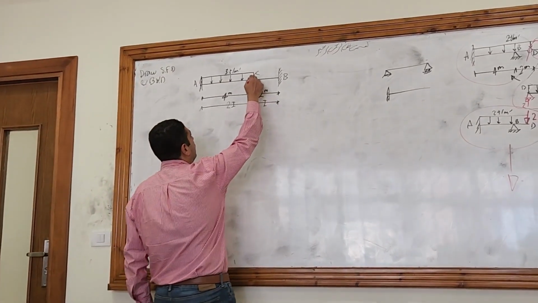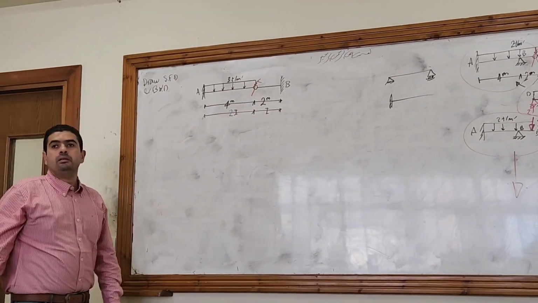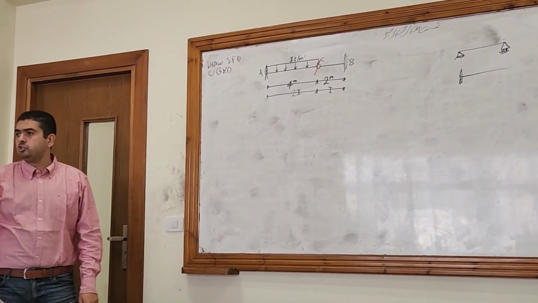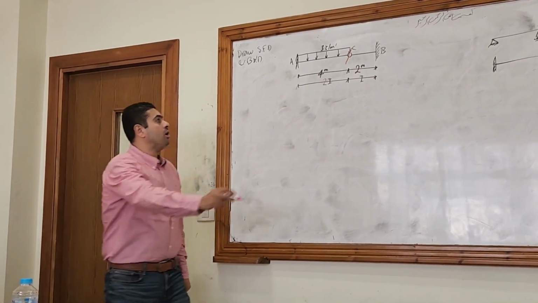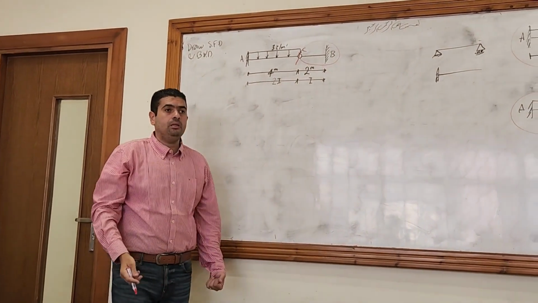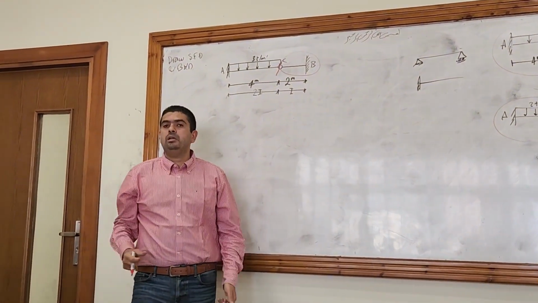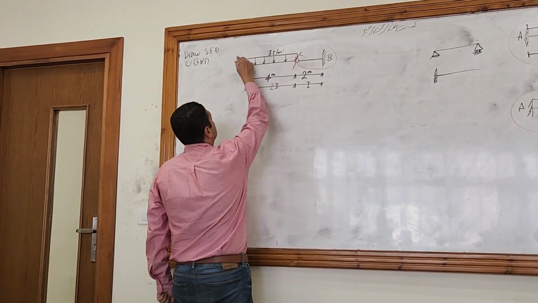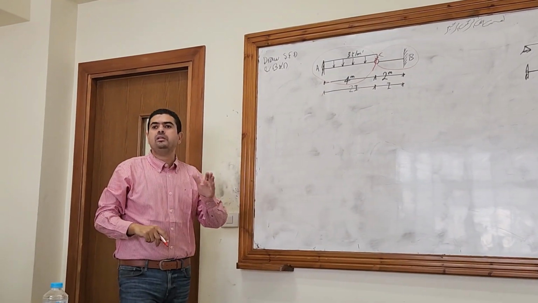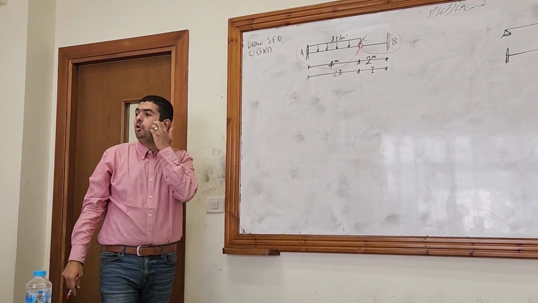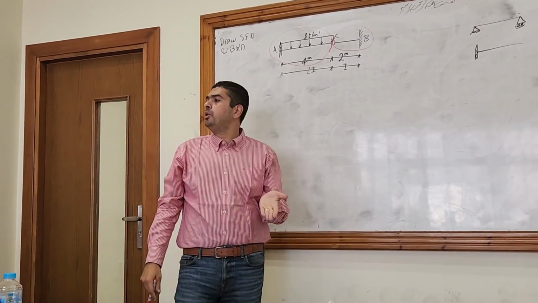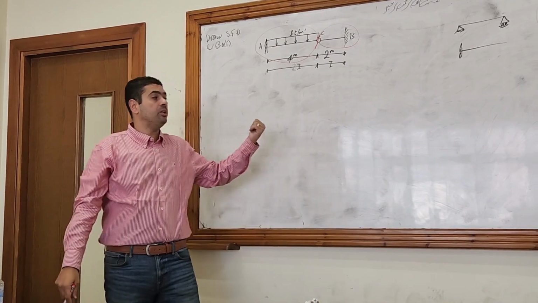When I split the beam at the internal hinge, the right part, which is BC, is stable, it's fixed free, and the left part is also stable, fixed free. So how can I know which part is the main and which part is the secondary? That's the problem here, right?